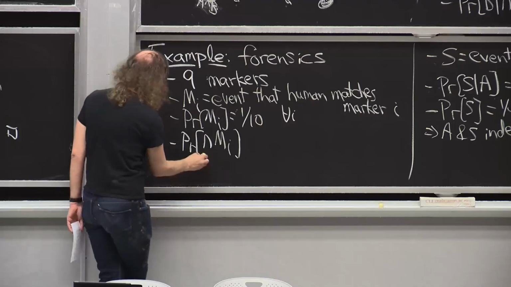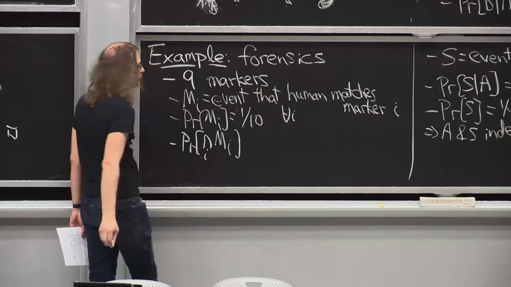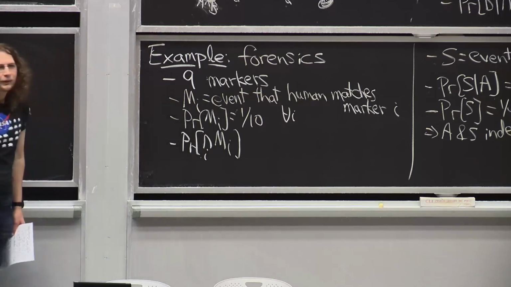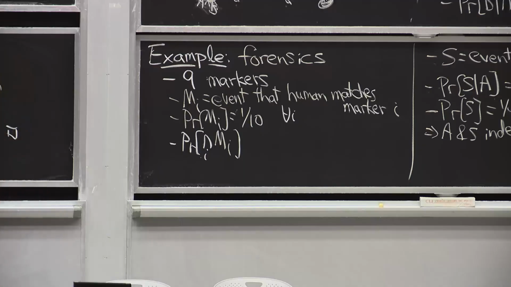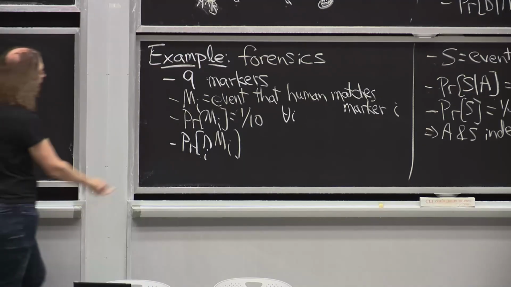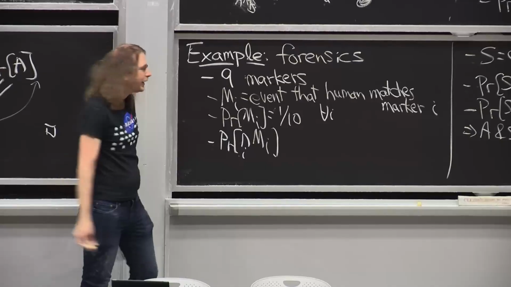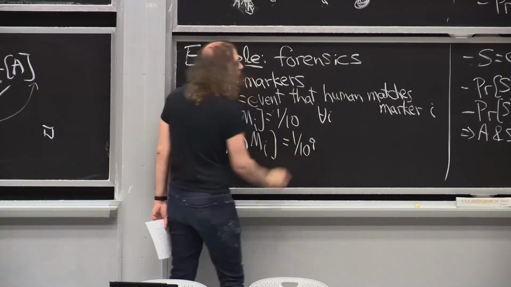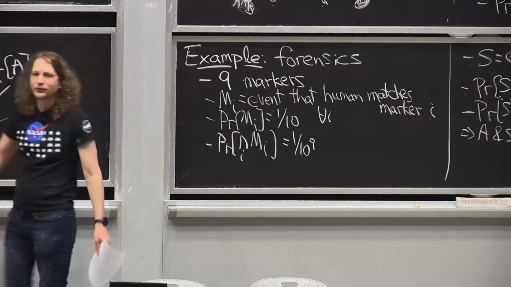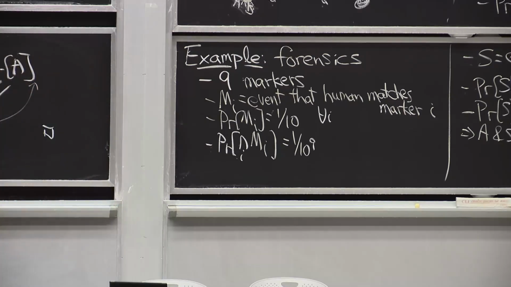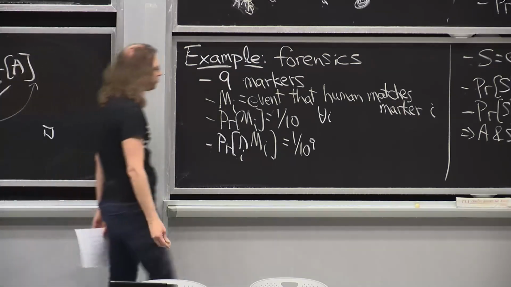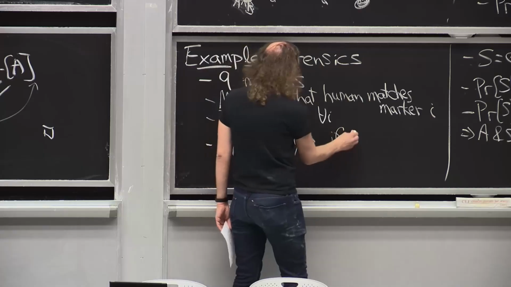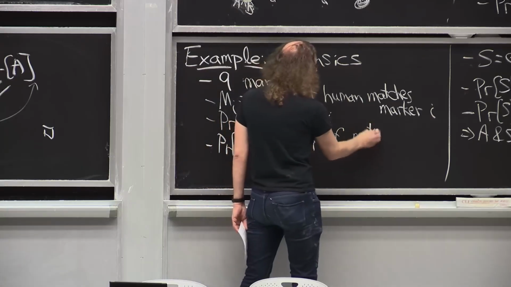So we have a suspect, and now we want to take the intersection of all those events. Suppose that human matches all of those markers. Now we want to know what's the probability that that happened for a random human. And you would like to say this is 1 over 10 to the 9, 1 in a billion chance. So there's only like 6 people who could match. But that's only true if these events are mutually independent.